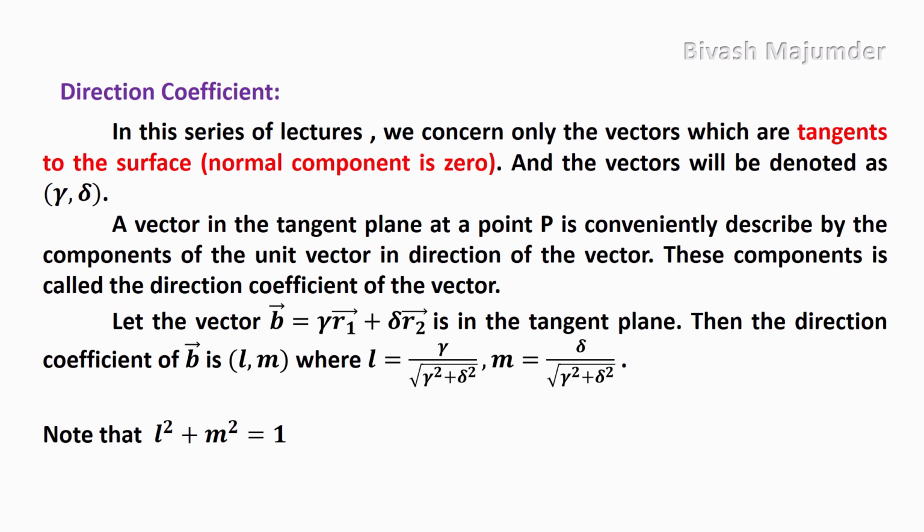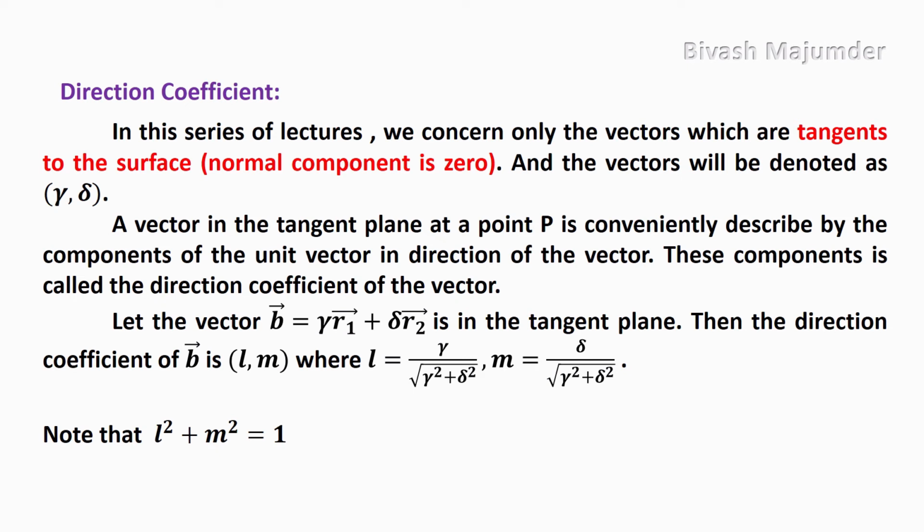A vector B in the tangent plane at a point P is conveniently described by the components of the unit vector in the direction of the vector B. These components are called the direction coefficients of the vector B.